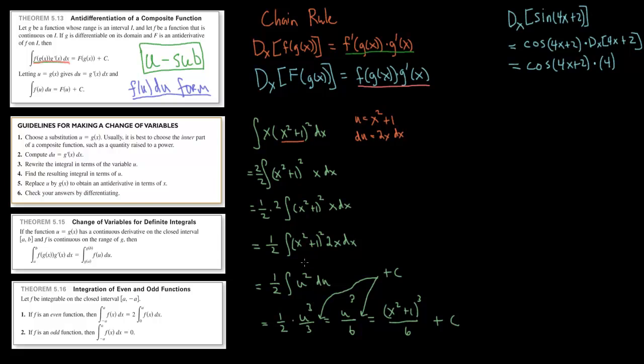Okay? Now, notice if we had recognized completely the pattern, we could have realized we have a function times its derivative. To reverse the process, just take your outside function, and in this case, it's a power function, so increase the power by 1, divide by that new power, and then we have a 1/2 out front.